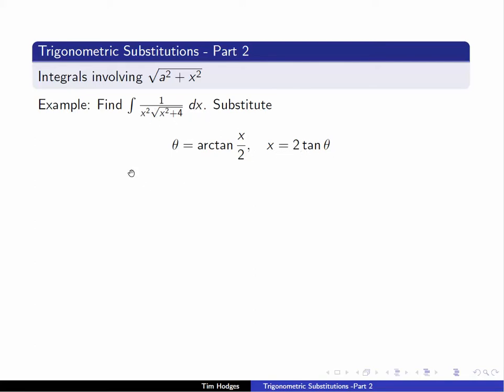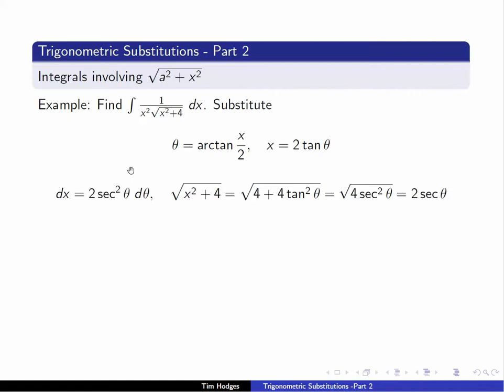When we do the substitution, we first have to find the relation between the differentials dx and d theta. By differentiating this second term here, we get dx equals 2 secant squared theta d theta. Now when we look at the square root term, the square root of x squared plus 4 will be the square root of 4 plus 4 tan squared theta.